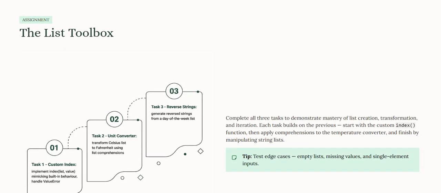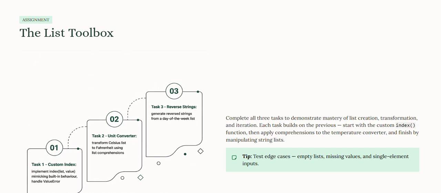The list toolbox. Task 1, custom index. Implement value index list value, mimicking built-in behavior, handle ValueError. And unit converter: transform a Celsius list to Fahrenheit using list comprehensions. Reverse strings: generate reversed strings from a days-of-the-week list.